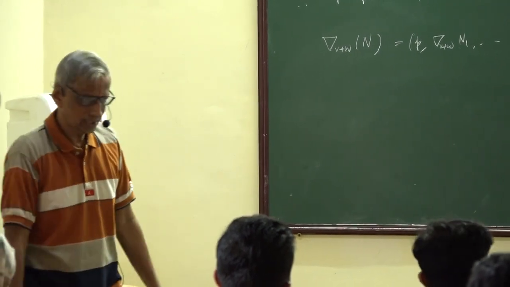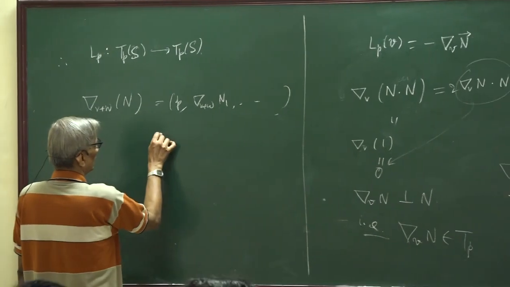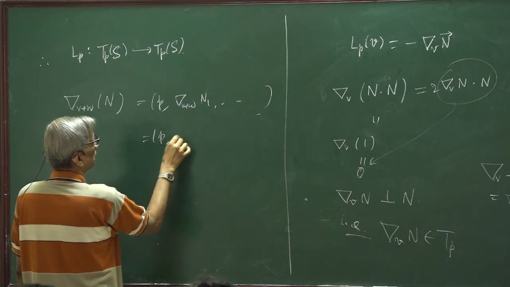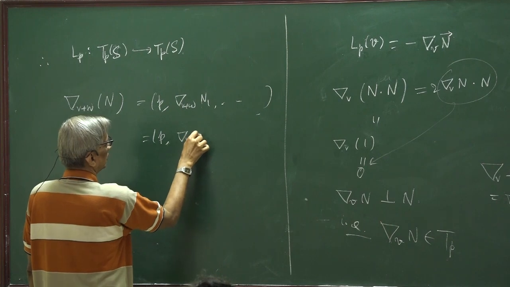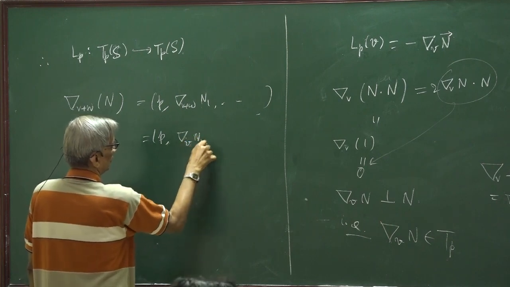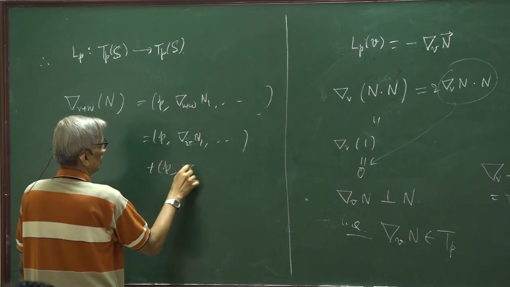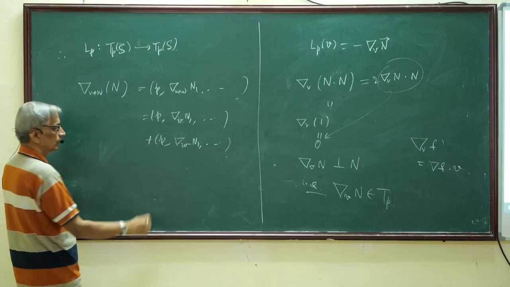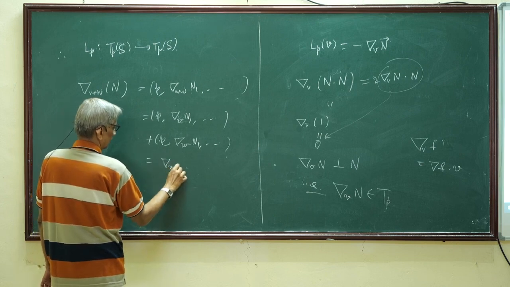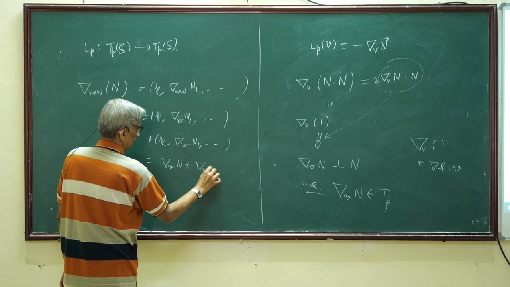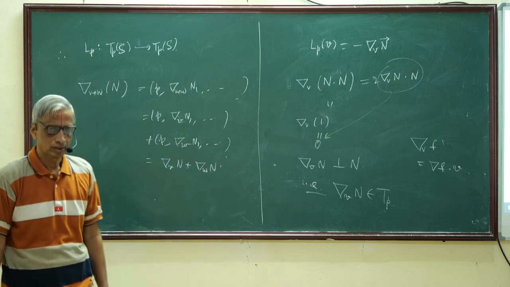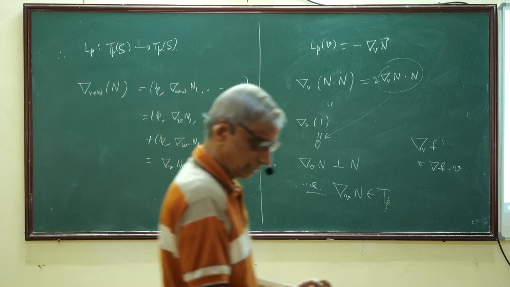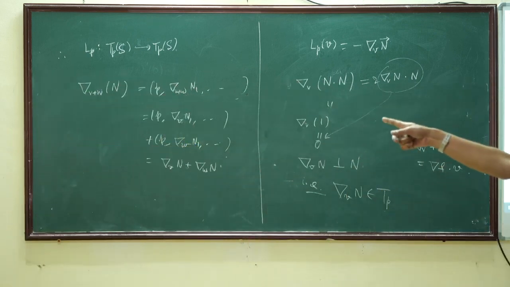So v and w can be separated. So this derivative is linear as a function of the vectors, the tangent vectors there.